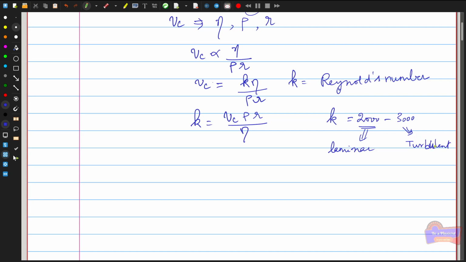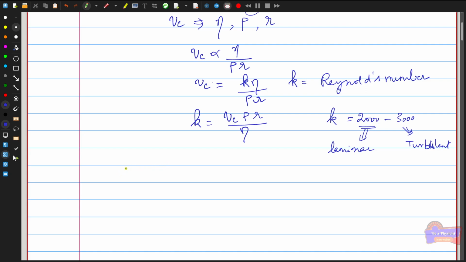So the Reynolds number defines the nature of the flow of the liquid. If the Reynolds number of the liquid is between 2000 and 3000, then the liquid is in a transition state, neither laminar nor turbulent, between these two different flows.